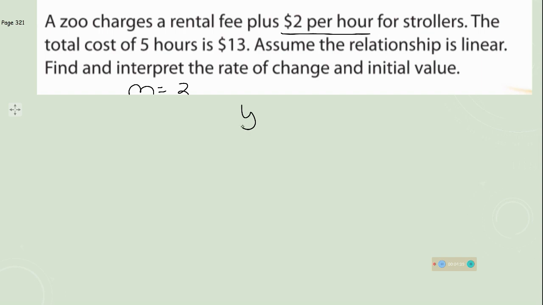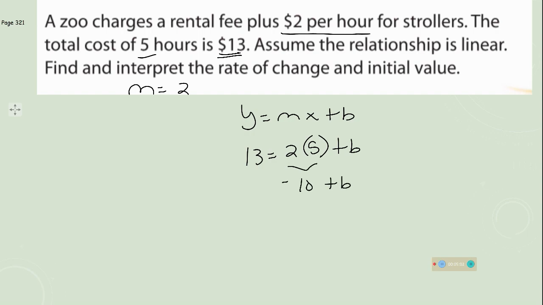So if we go y equals mx plus b, we know the cost is 13. We know m is 2 because we already did that. They told us it was 5 hours, plus b. Now we solve for b. 5 times 2 is 10. We're solving for this, so we will put a negative 10 on both sides.